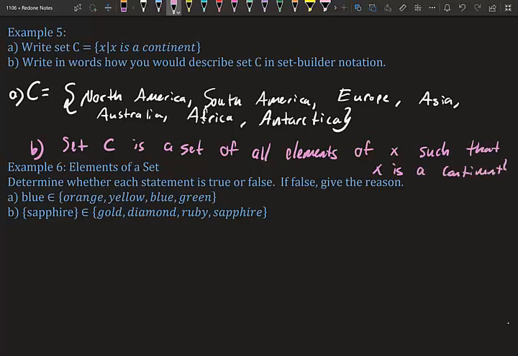You're probably picking up already that you just write what's in the set. You just have to write the fancy part: set C is a set of all elements of x such that. You're usually going to write that all the time, and if you look at example 3, we wrote very similar things, and then we wrote whatever's in those braces.